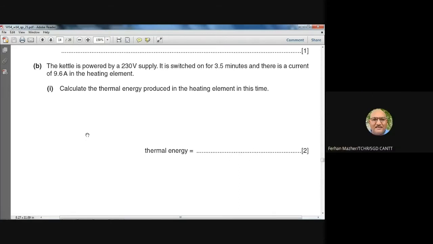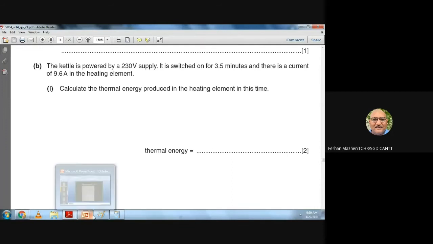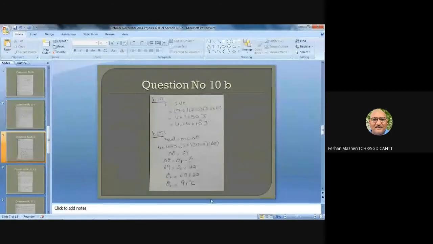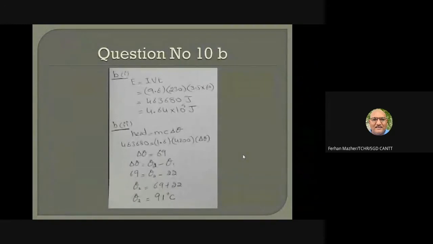So use this formula, E equals IVT. I've done this on paper. Let me show you my working. And here we go on your screen. On your screen, the numerical is showing E equals IVT.